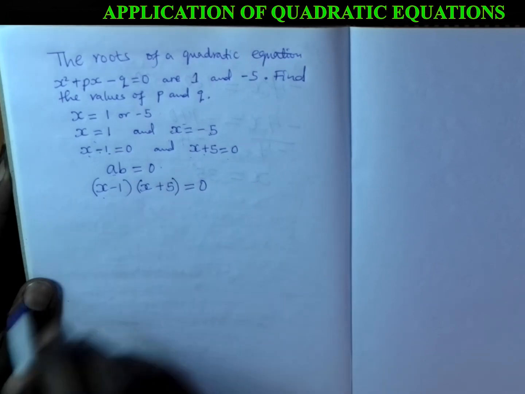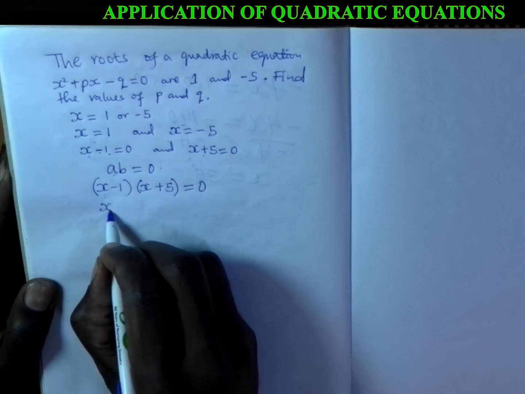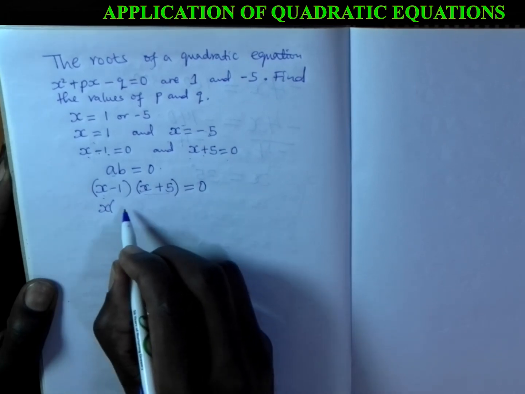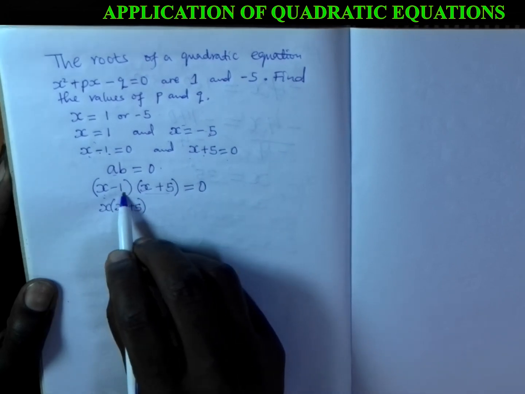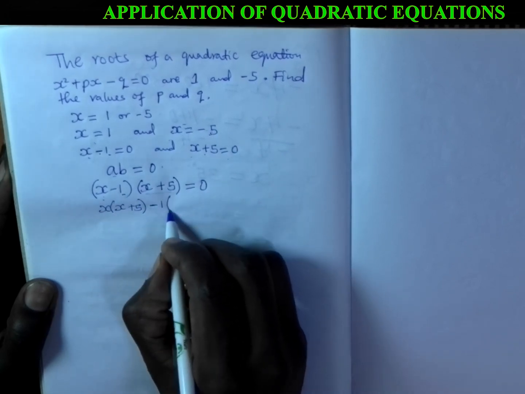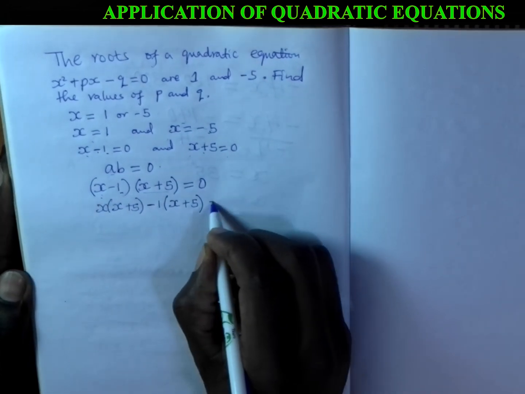So let us expand. The first element in the first bracket, we multiply by what is in the second bracket, x plus 5. And then minus 1, we multiply by the elements in the second bracket, will be equal to 0.